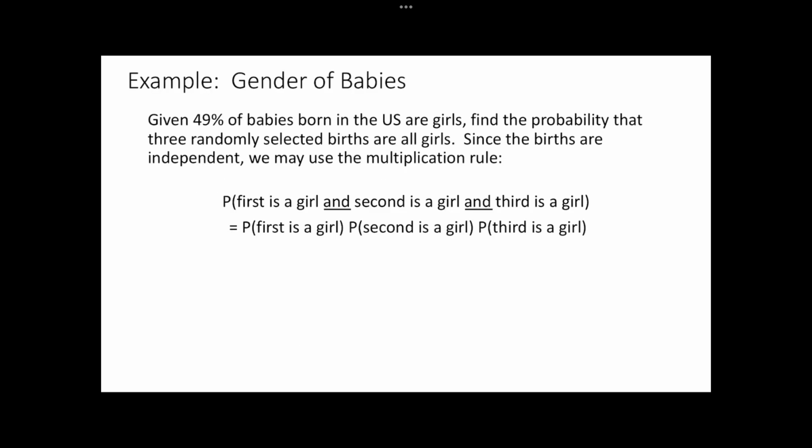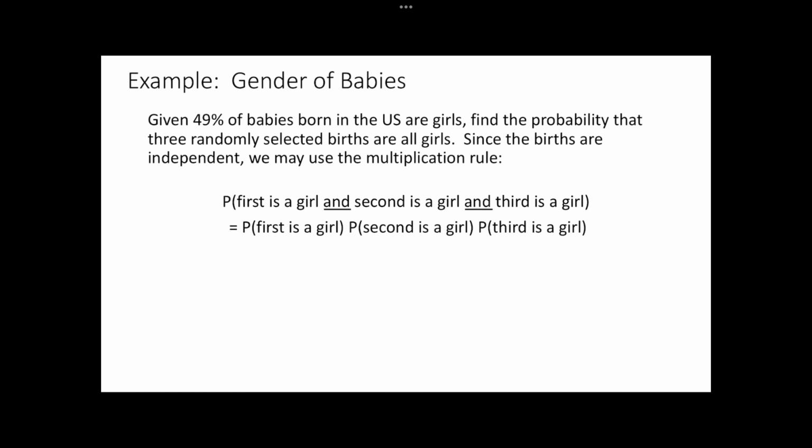Suppose that 49% of babies born in the U.S. are girls. Let's find the probability that 3 randomly selected births are all girls. Okay, so we're looking for the probability that our first is a girl, then our second is a girl, and our third is a girl. But each of those are independent.